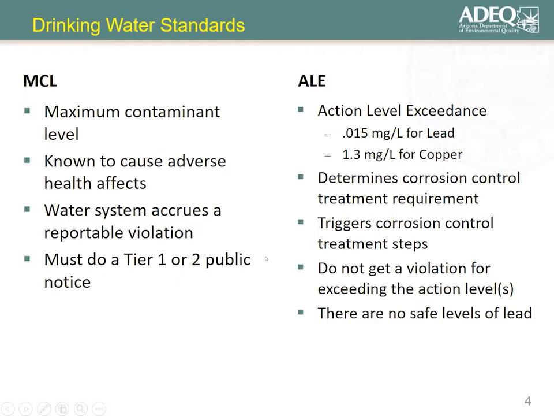There are other sampling techniques that can be deployed to evaluate exposure assessments, but that's outside the scope of my presentation, and if you have interest in it, please contact me and we can talk about that.